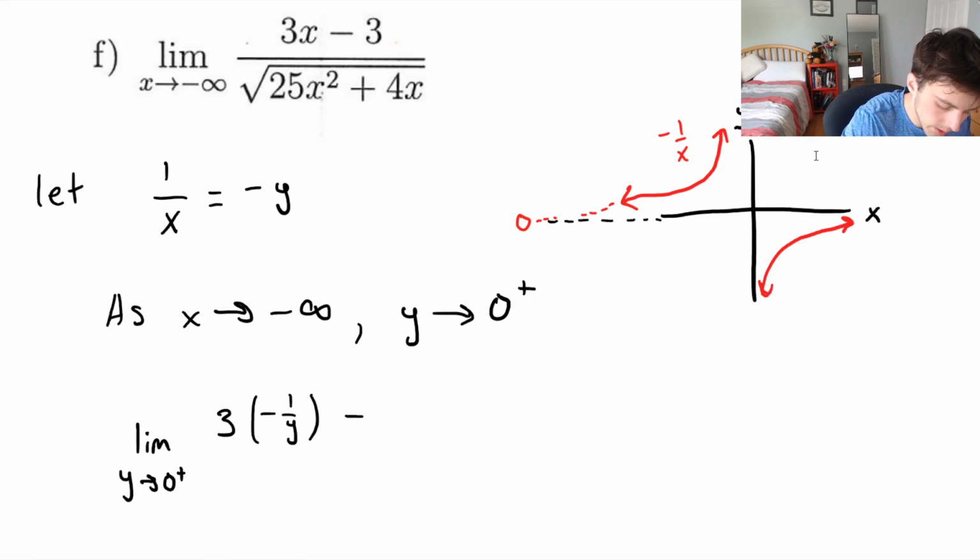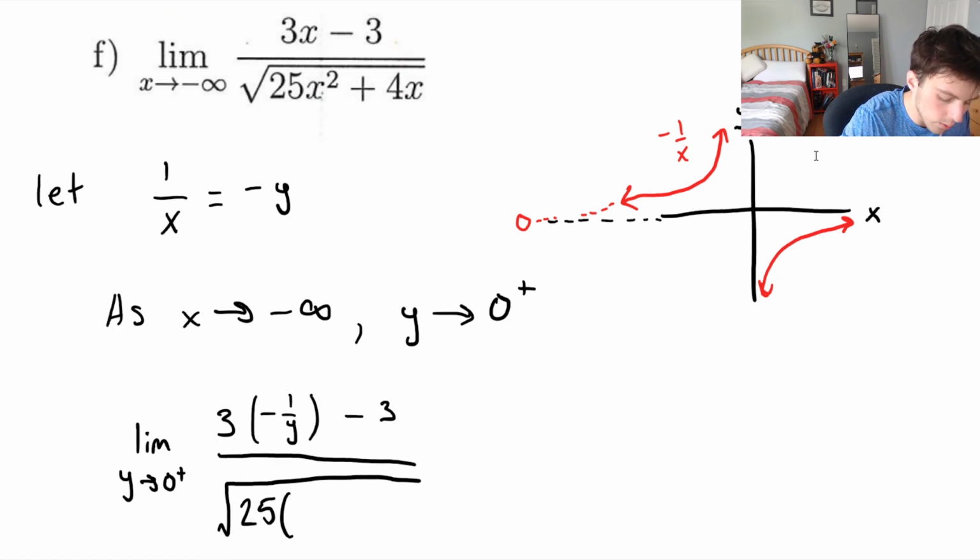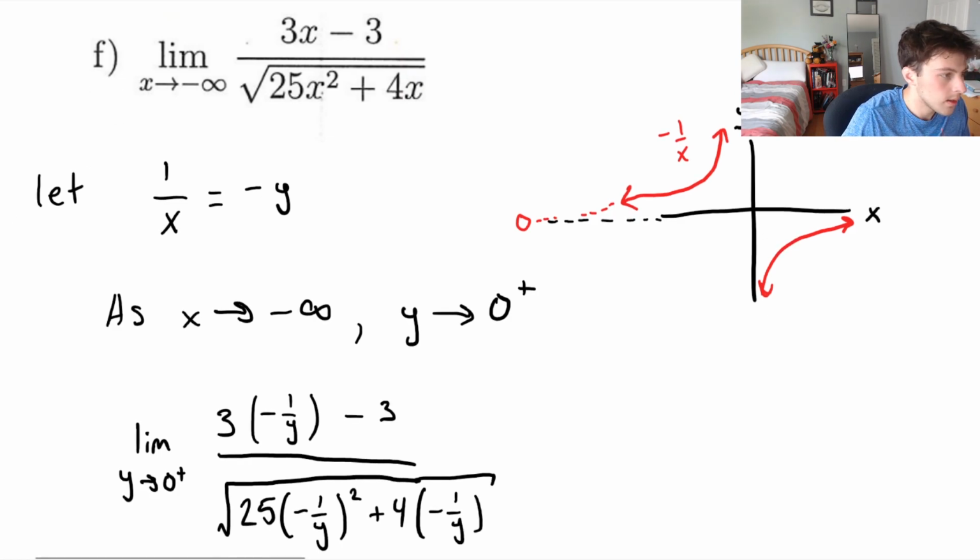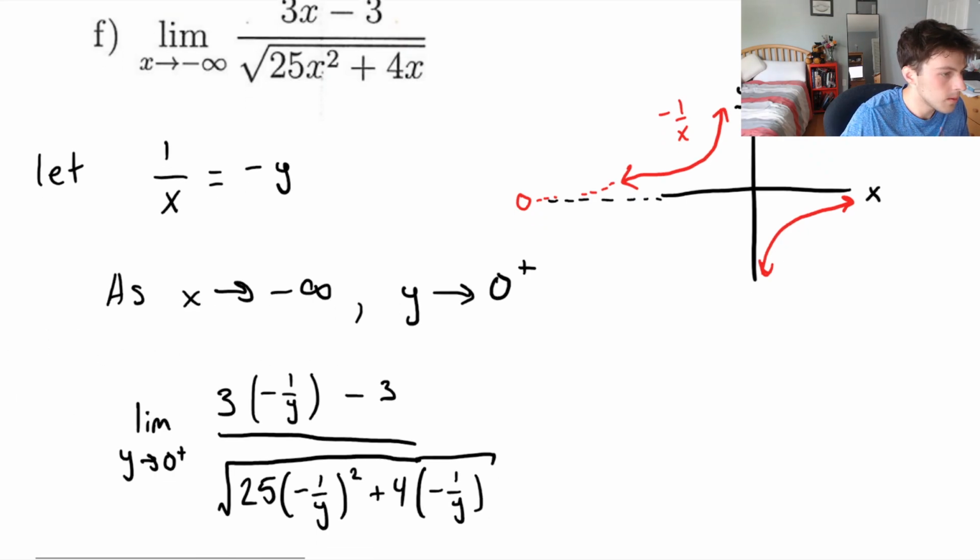We'll do minus 3, and now in our denominator, we have got the square root of 25 times negative 1 over y squared plus 4 times negative 1 over y. All right, let's simplify this now.